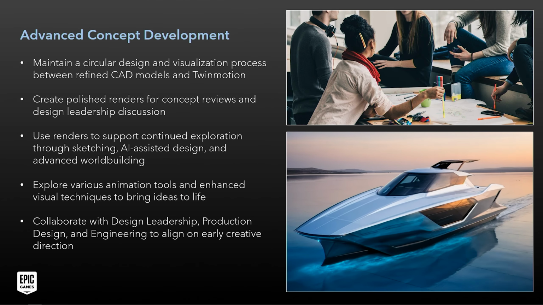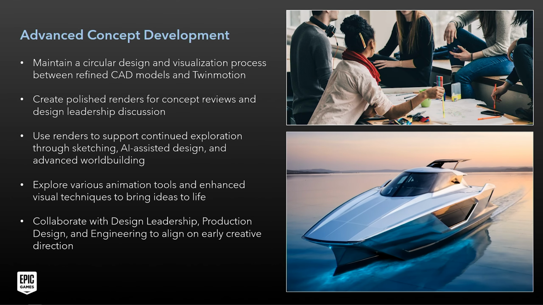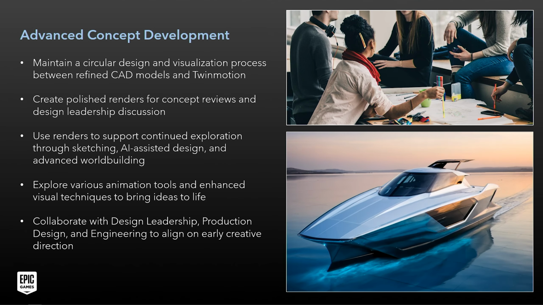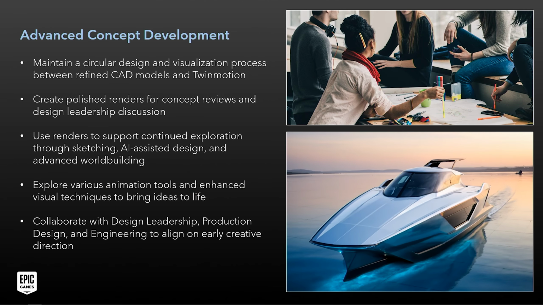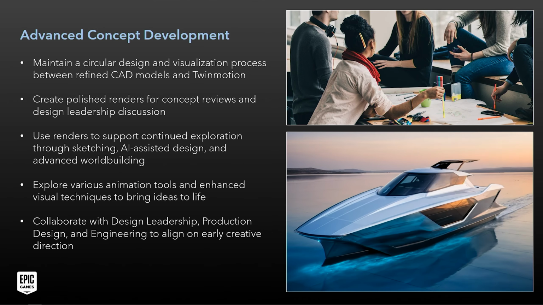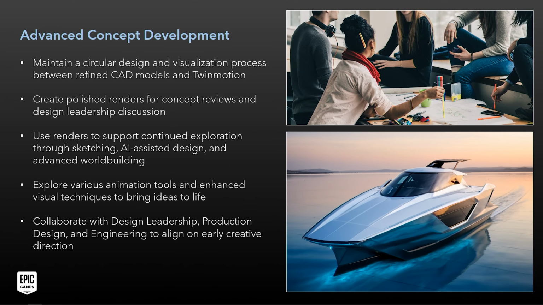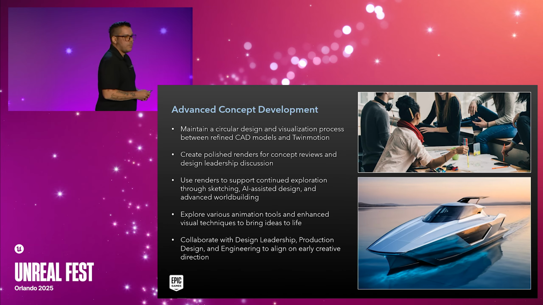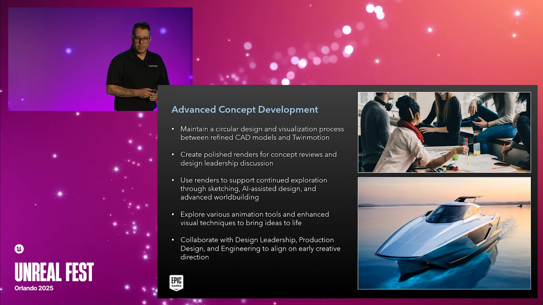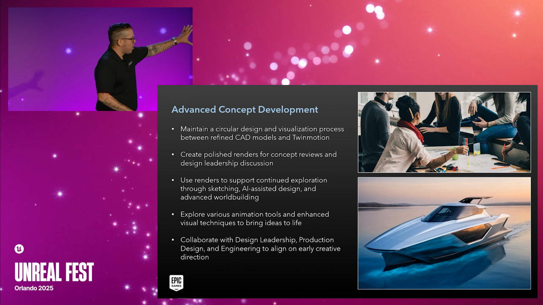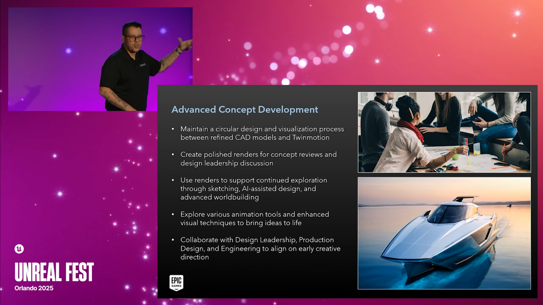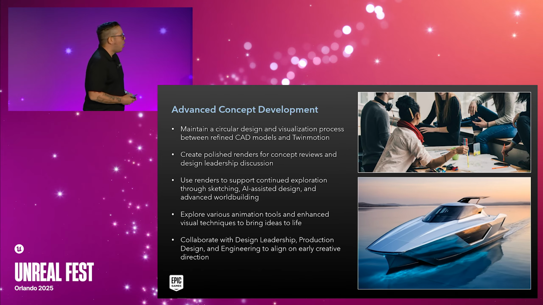Before, I was just dropping some assets, building out my scene, getting some lighting, all the things that sell my idea. Now it can start taking a more formalized process and I can start acting more as a CGI artist, and I can start locking in more high fidelity renders. So for example, and this is just a representation of what might come out of Twinmotion, a little bit more dolled up.